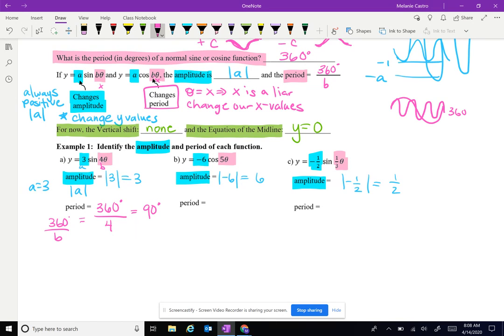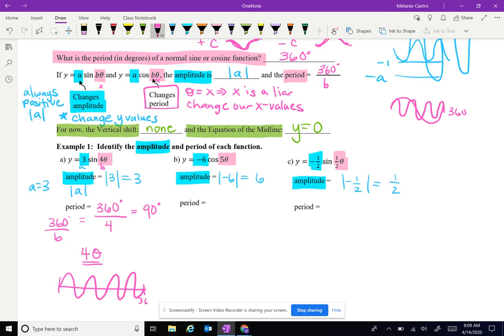Okay. So the amplitude being 3 means this wave is going to wiggle up and down to 3 and negative 3. So it's going to go 0, 3, 0, negative 3, 0, because it's a sine function. But how fast is it going to do that? Well, in 360 degrees, because you see 4 theta, it's not just going to wiggle back and forth once, it's going to wiggle back and forth a total of 4 different waves.